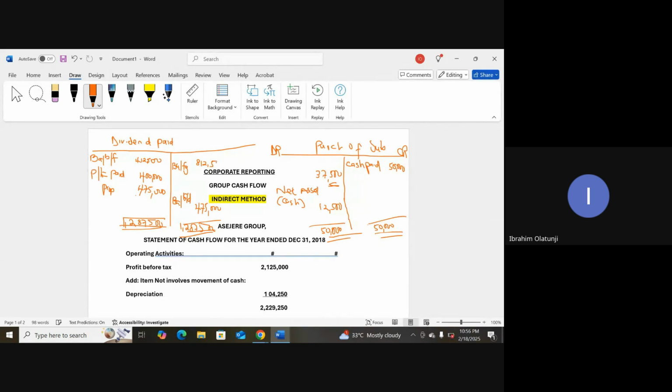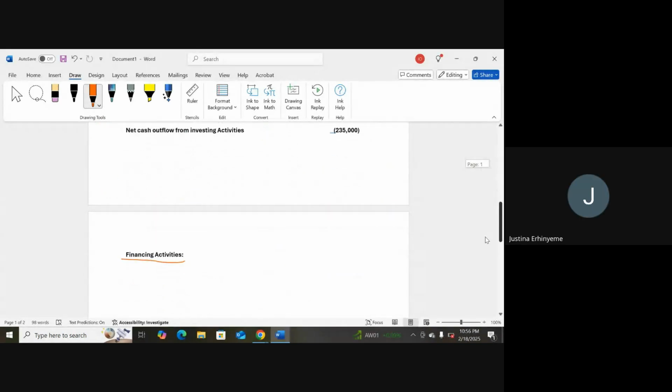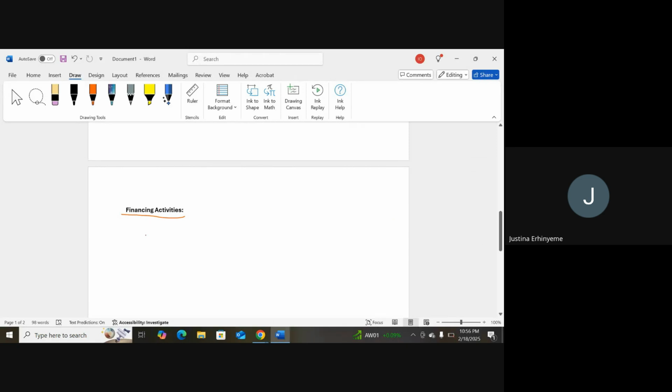This is the dividend paid to the shareholder. So this is what you are taking to your cash flow. Dividend paid to shareholder, 812,500.